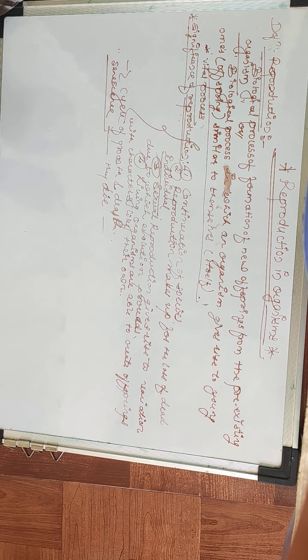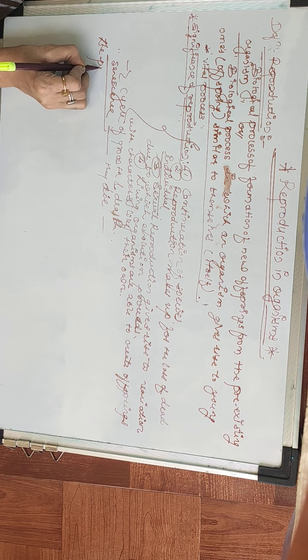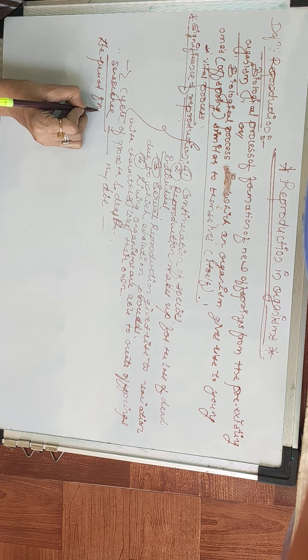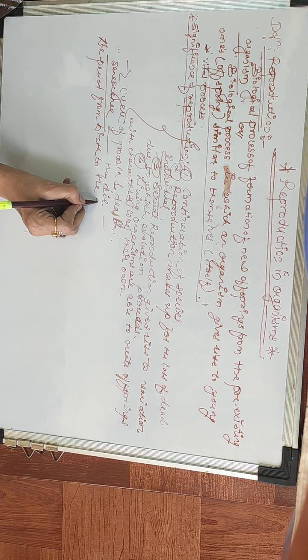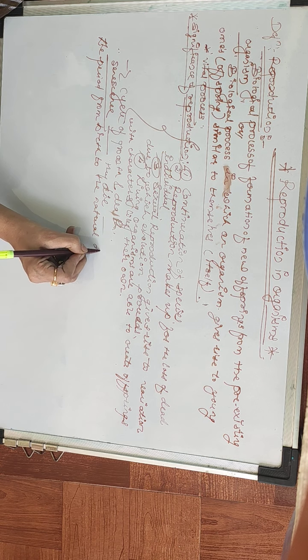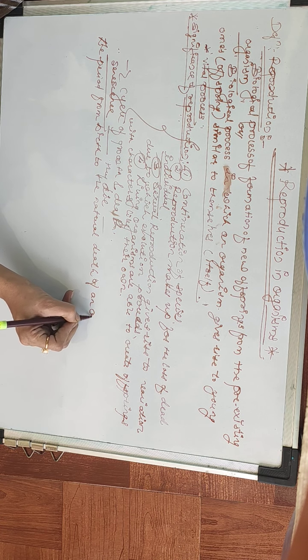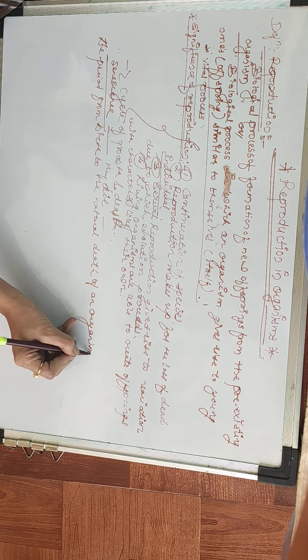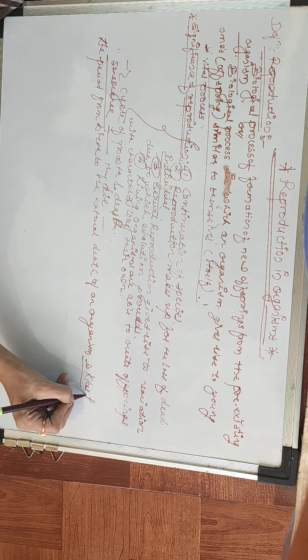So each and every organism present on the earth lives only for a certain period of time, and this period, from birth to the natural death of an organism, is known as what? Lifespan.